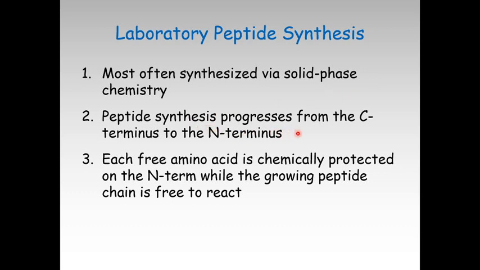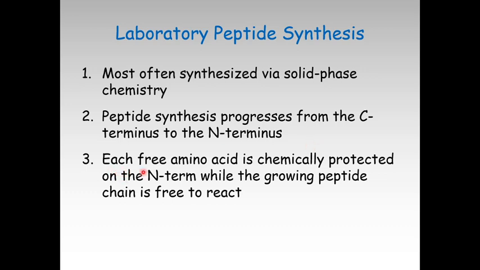Peptide synthesis in the laboratory progresses from the C terminus to the N terminus, which means that the C terminus is synthesized first and then the N terminus. This is in contrary to how peptides or proteins are synthesized in cells. In cells, the N terminus is first synthesized, followed by the C terminus.